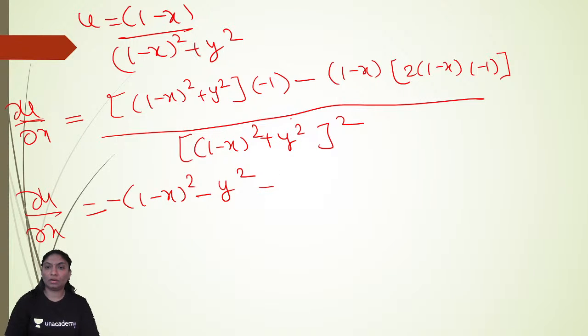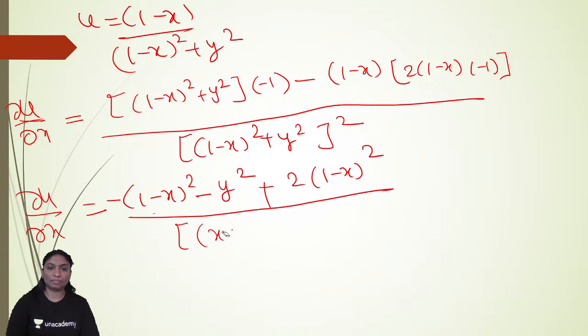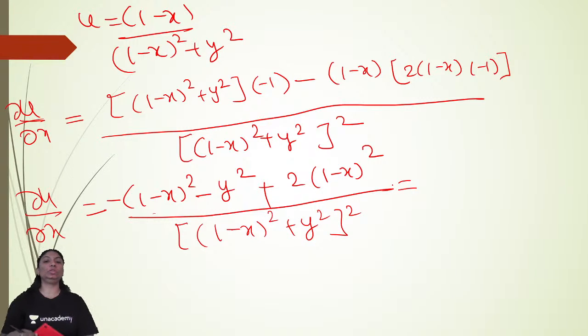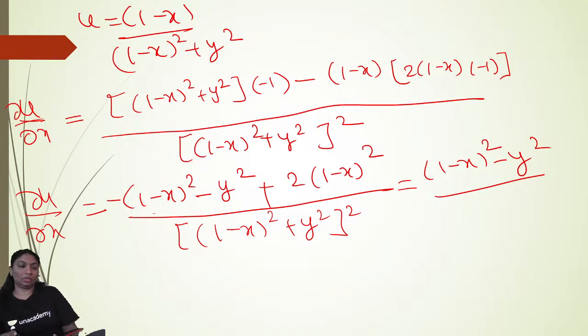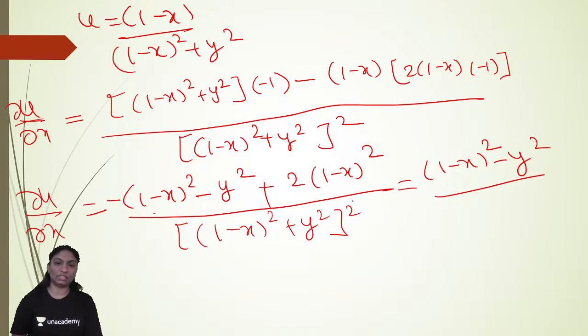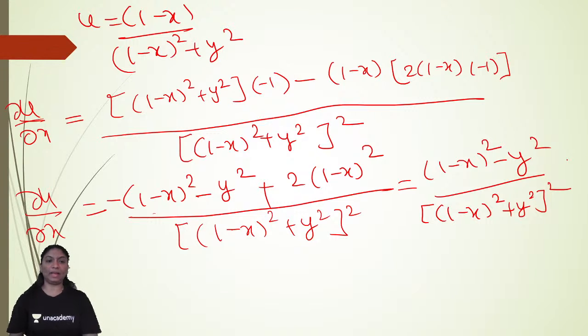If you multiply with this, 2 into (1 minus x) whole square and this minus 1 becomes plus, upon (1 minus x) square, which is equal to 2 into (1 minus x) whole square minus (1 minus x) whole square, that is (1 minus x) whole square minus y square upon (1 minus x) whole square plus y square, whole square. Okay, so this is your ∂u/∂x.